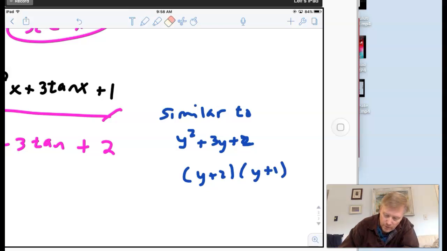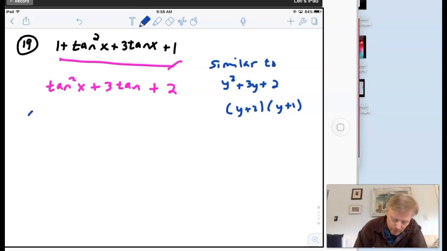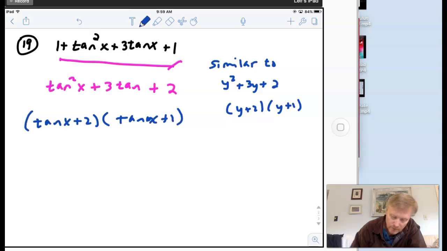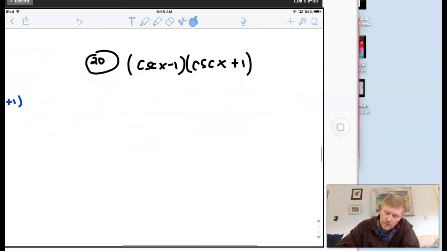Things that multiply to 2 and add up to 3, right? Which means this is going to be the same kind of thing, except that instead of being y plus 2, it's going to be tangent of x plus 2. And instead of being y plus 1, this will be tangent of x plus 1, okay? And you know what? That's really just about as good as it gets. There's nothing more I can do with that. I was hoping to be able to simplify that a little more, but I guess you're showing that you know how to factor it. Anyway, this one.